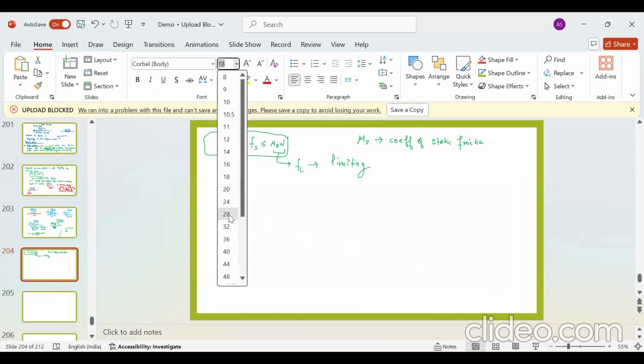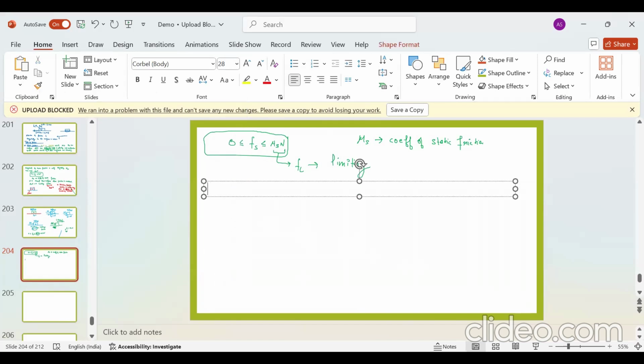During walking, you are walking on the road now. During walking, friction is static and acts in the forward direction.